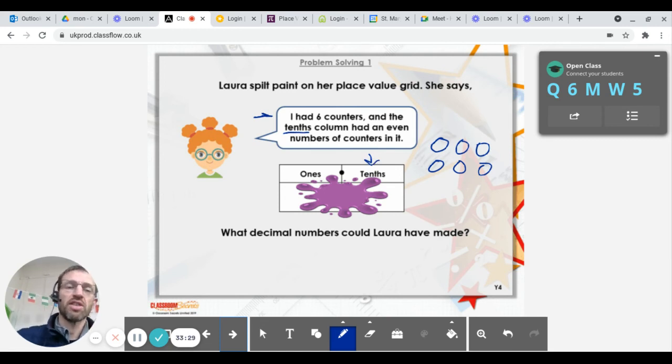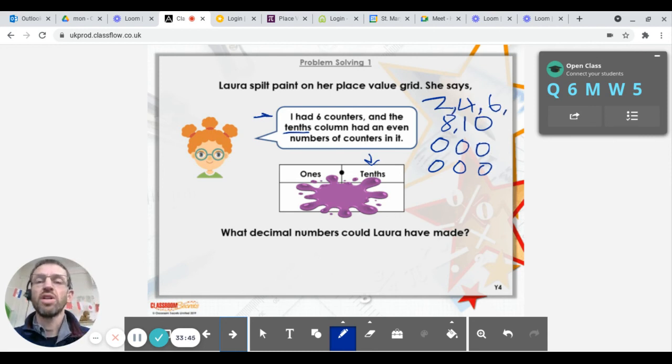So even numbers, let's think our odds and evens. Even numbers are 2, 4, 6, 8, and 10. So these are our even numbers. Put commas in between. 2, 4, 6, 8, 10. So if we have an even number of tenths, we've only got up to 6, so actually we can't use 8 and 10.